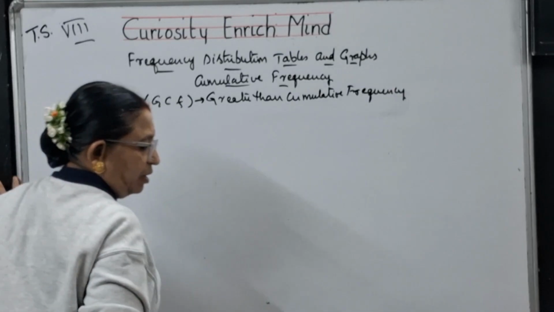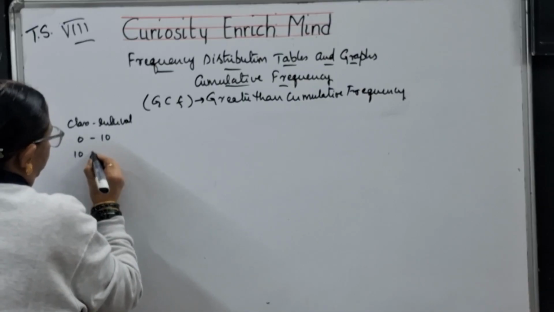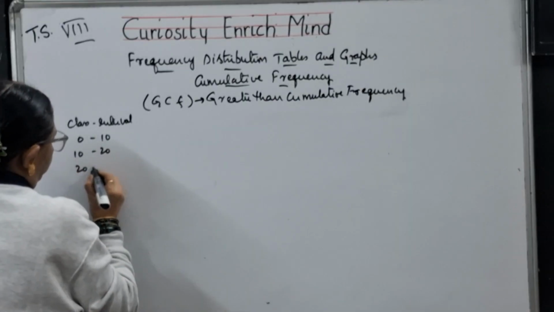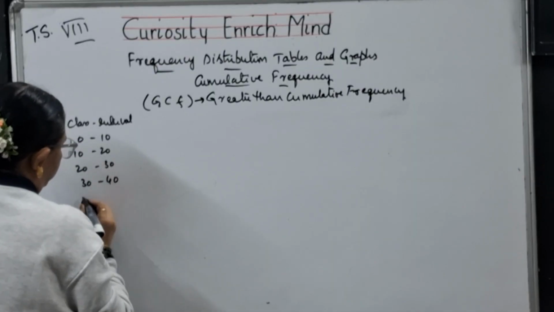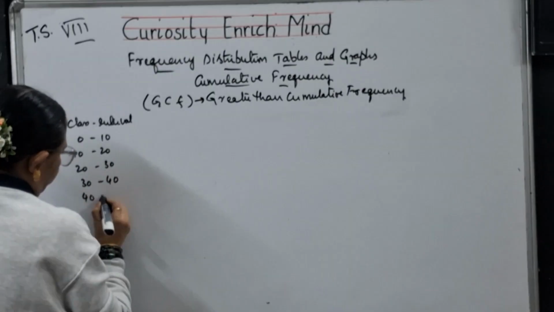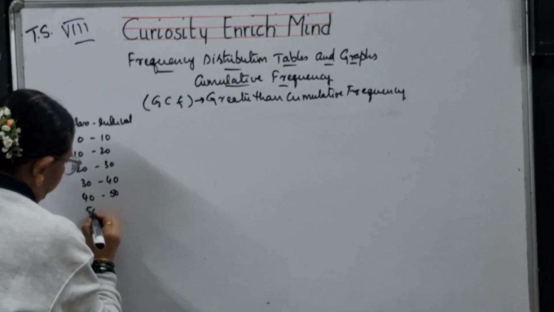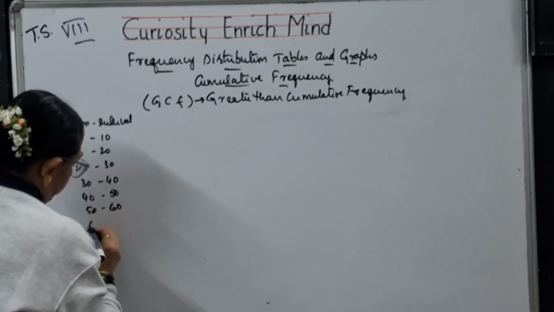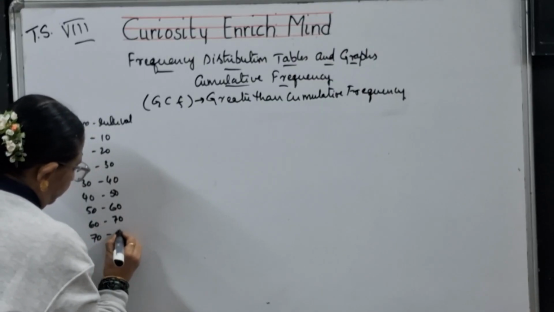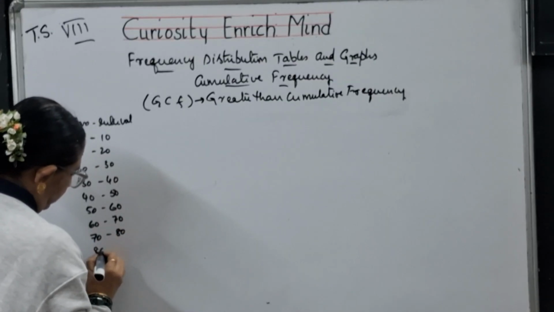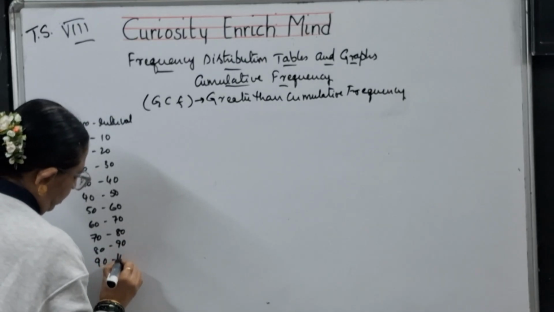The class intervals given are 0 to 10, 10 to 20, 20 to 30, 30 to 40, 40 to 50, 50 to 60, 60 to 70, 70 to 80, 80 to 90, 90 to 100.